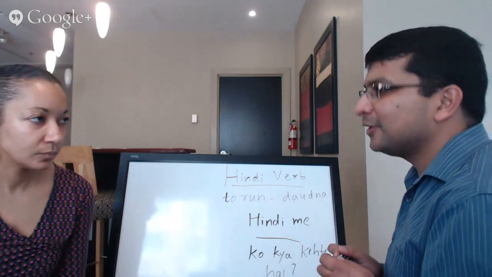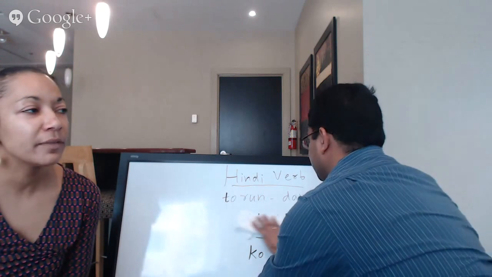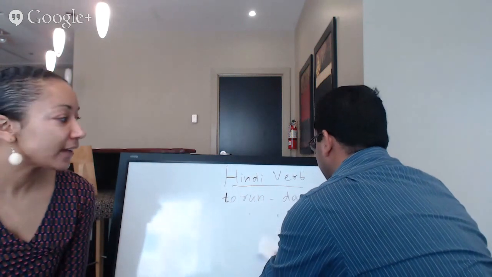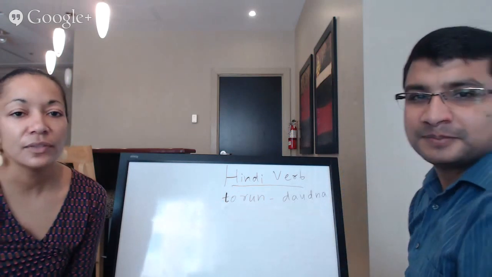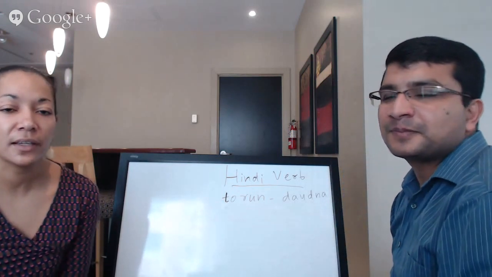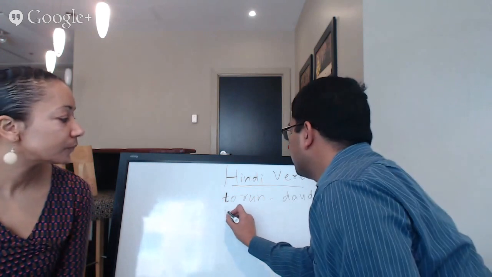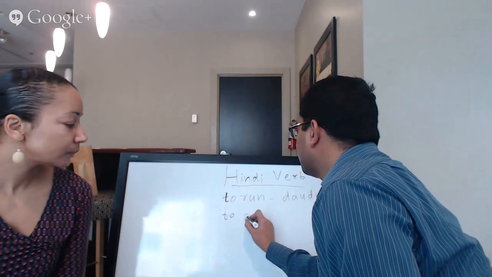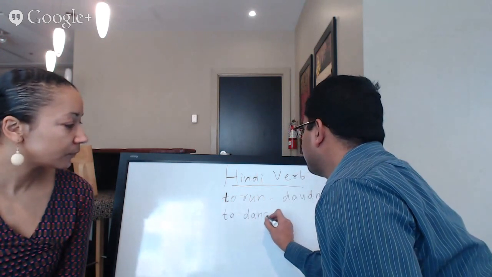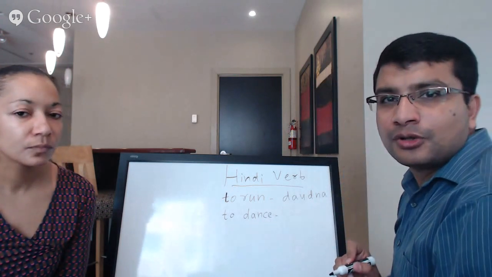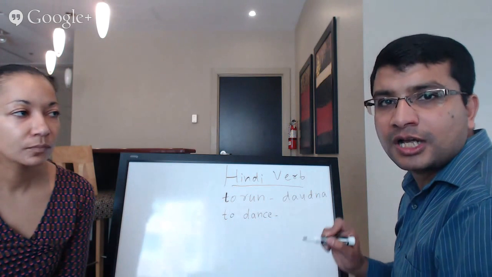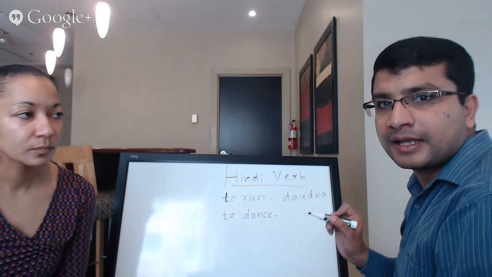Okay. One more. How about if I wanted to know how to say to dance? हिंदी में to dance को क्या कहते हैं? हिंदी में to dance को नाचना कहते हैं. नाचना.